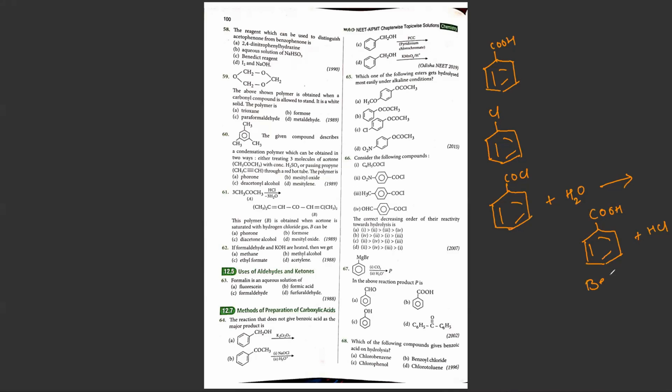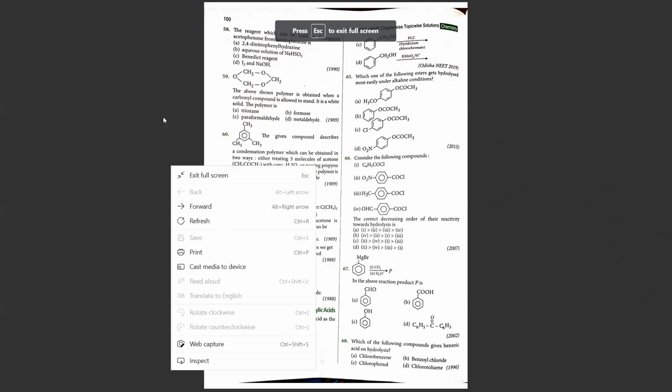Okay, so this is benzoic acid. Fine. So option number B is the right answer. So when you take benzoyl chloride and you undergo hydrolysis, you will get that benzoic acid. So we'll go for the next question.